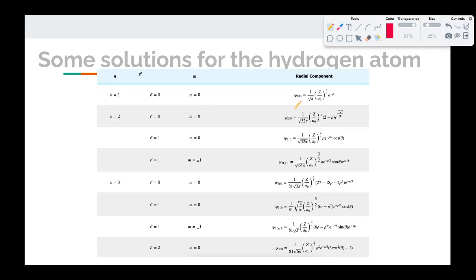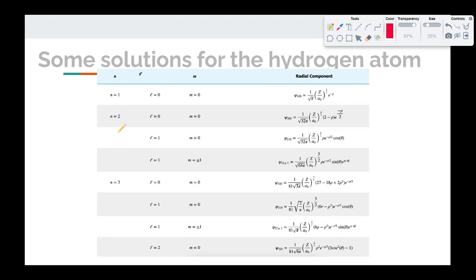So here's psi 1, 0, 0. That's the designation of which quantum numbers you're using to find your solution, and that's the equation that is the solution to Schrodinger's equation. Now, don't worry about what it means at this point. It's complicated, I admit. So just forget about it.